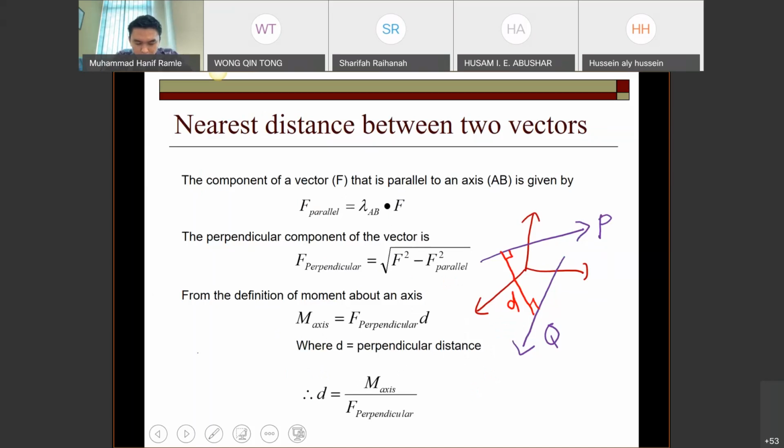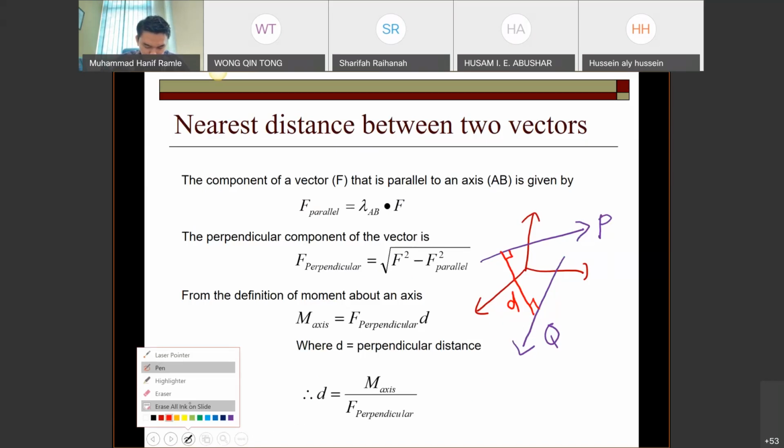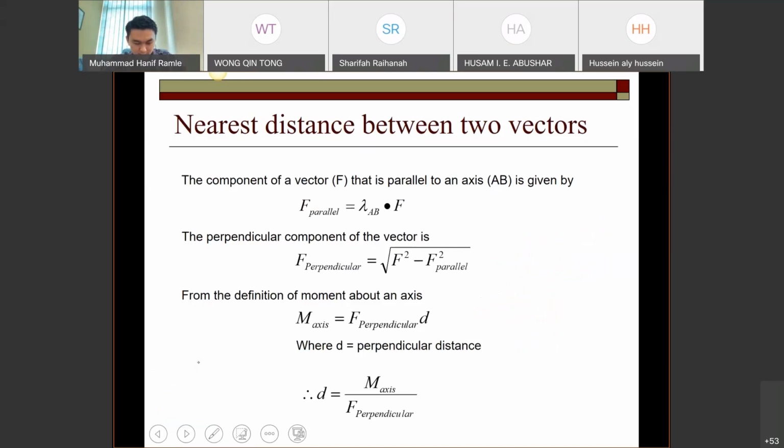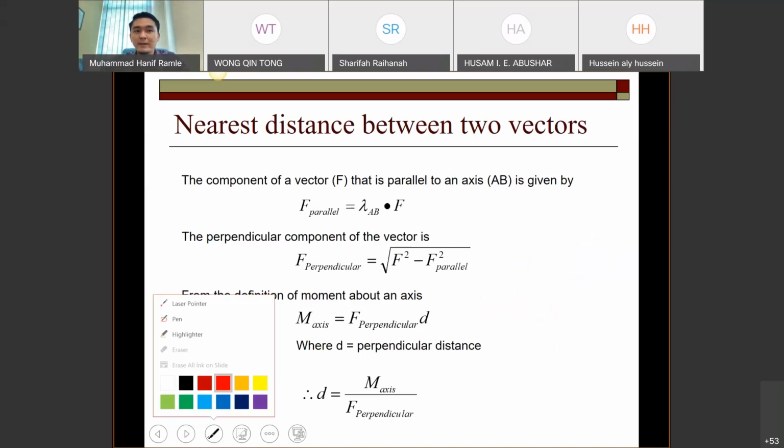So the component of a vector that is parallel to an axis AB is given as follows. Let me erase all the ink. Let's say we have an axis, and the axis can be in vector form as well because we have IJK form.